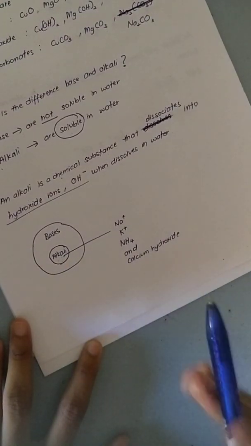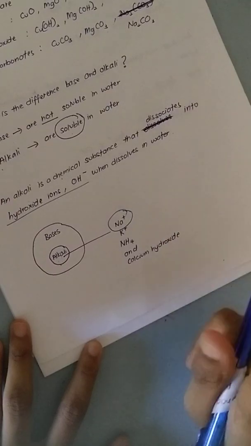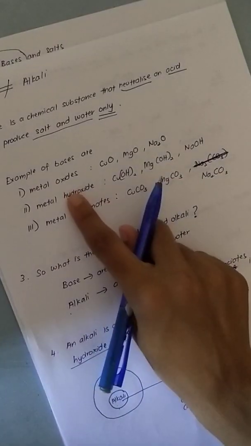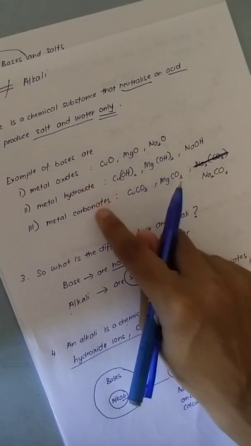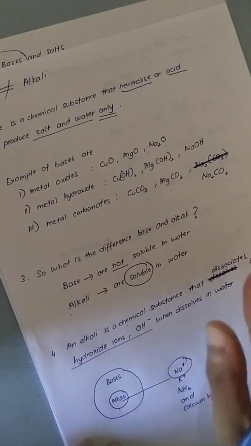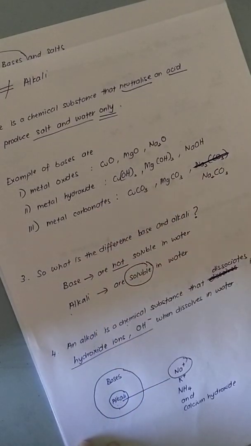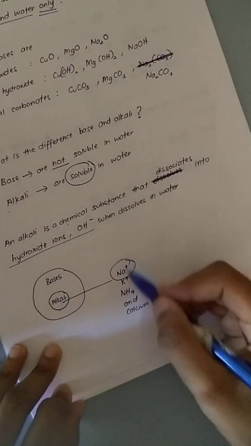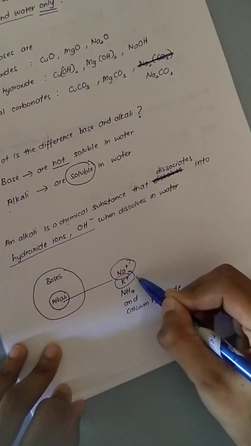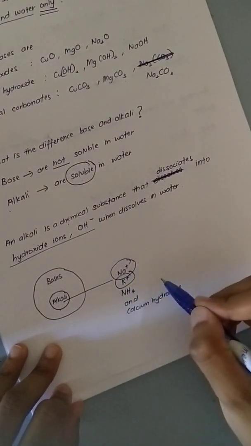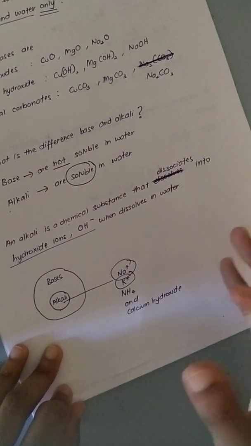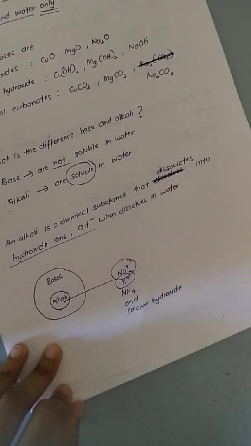So anything to do with sodium, meaning it can be sodium hydroxide, sodium oxide, sodium carbonate. They are all alkaline because when I put them in water, they can dissolve, they are soluble. Anything to do with potassium, so it's potassium oxide, hydroxide, and potassium carbonate, they are all alkaline because they can dissolve in water.